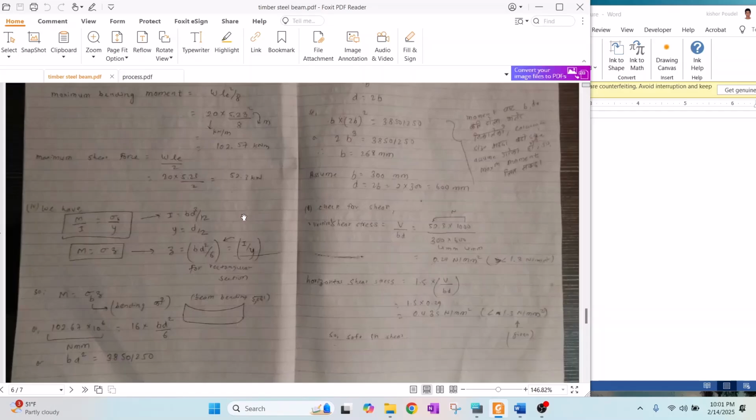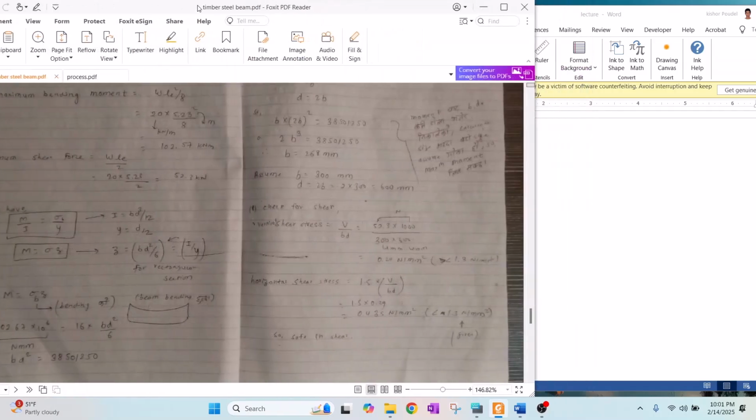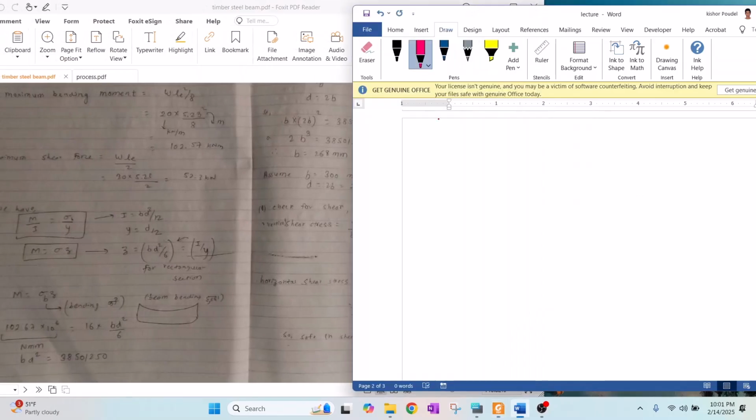Okay, after calculating the bending moment and shear force, now we have a flexural equation. The flexural equation is M by I equal to sigma by y equal to E by R, where M is the moment capacity of a section.